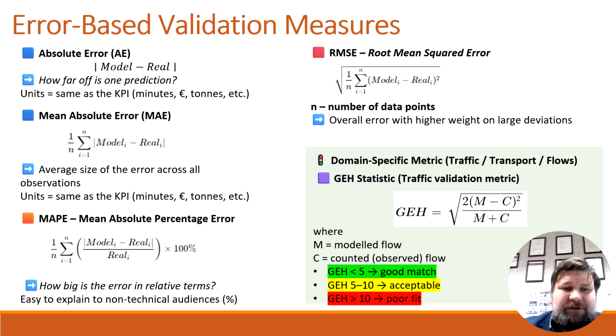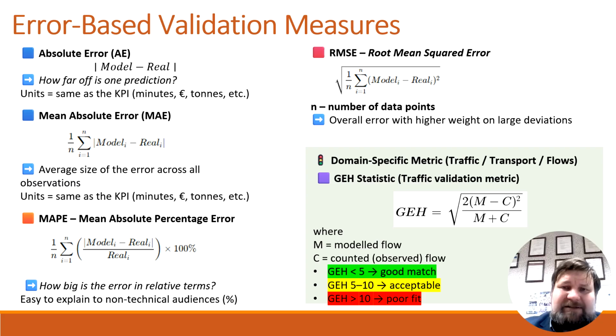You are able to see the mean absolute error, which gives the average error across all observations. You could see the mean absolute percentage error, and the root mean squared error. The formulas are indicated here. They're really not very complicated to understand.